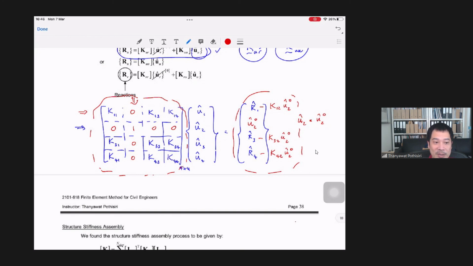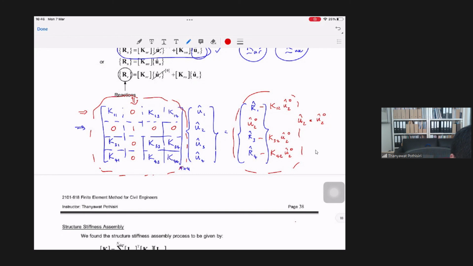You can choose to modify the stiffness matrix itself, modify its row and column that correspond with the known value of the displacement at the corresponding degree of freedom, and then also modify the right-hand side load vector accordingly. This is one way to do it.